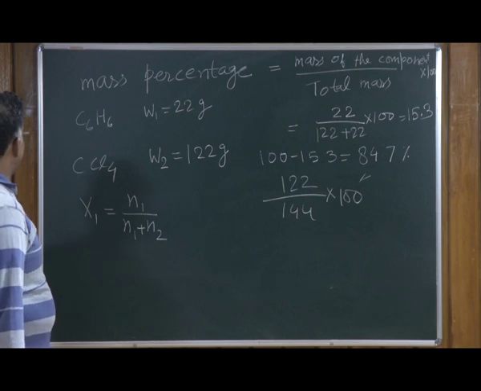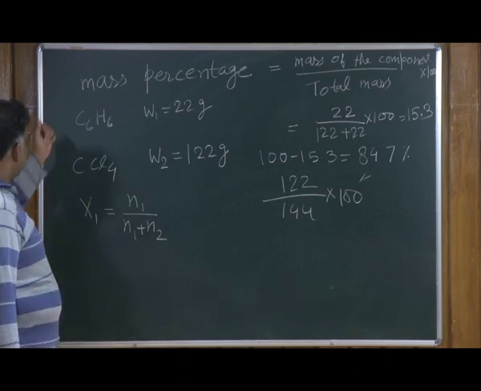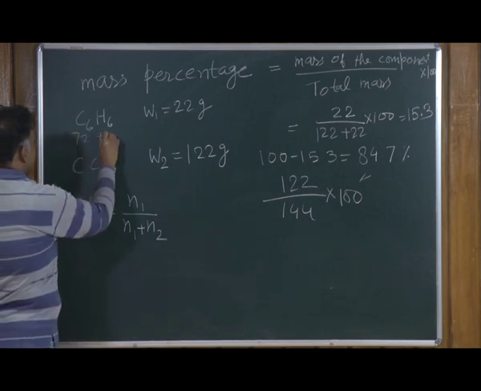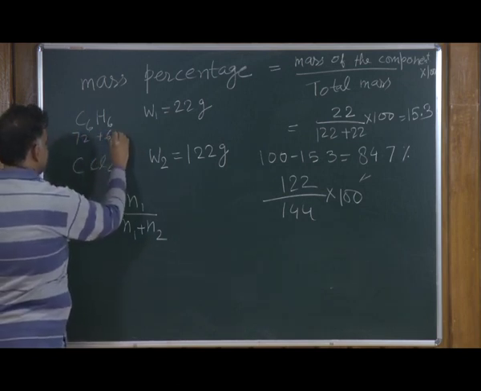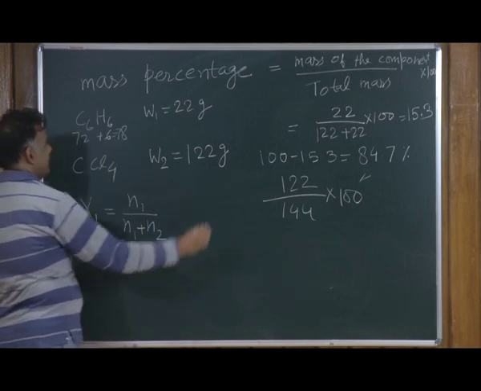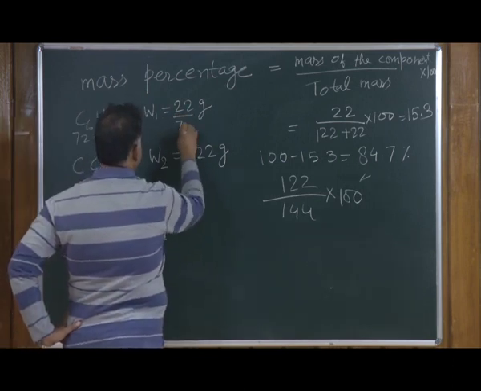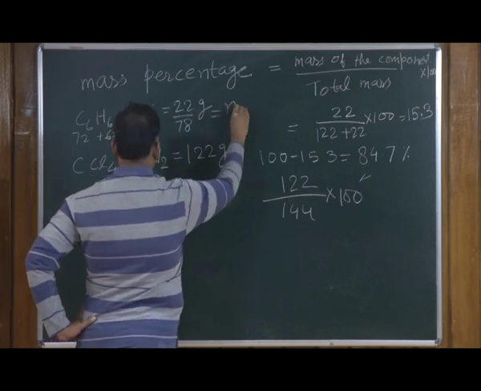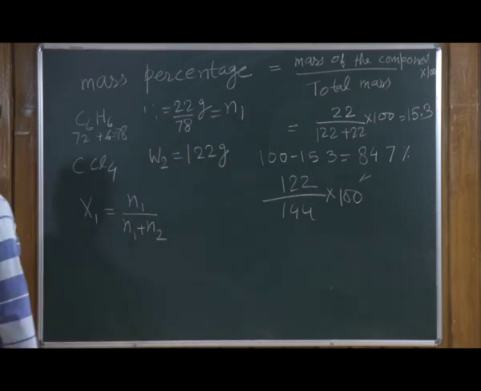Okay. Let us see. So, the component 1 is C6H6. So, the molecular weight would be 72 plus 6, that would be 78. So, if I divide this thing by 78, I should get N1 moles of component 1. The second component is CCl4.